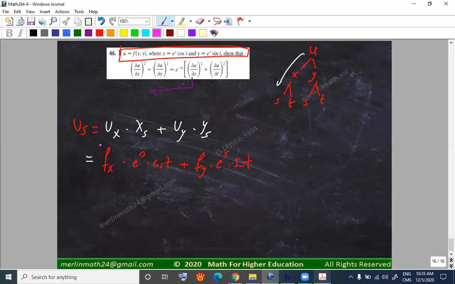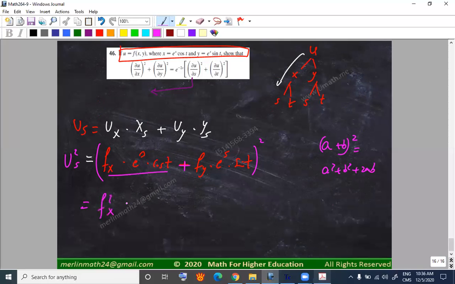Yes, let us square. This is above average level. So u_s squared. A plus b squared is a squared plus b squared plus 2ab. Let us square it.